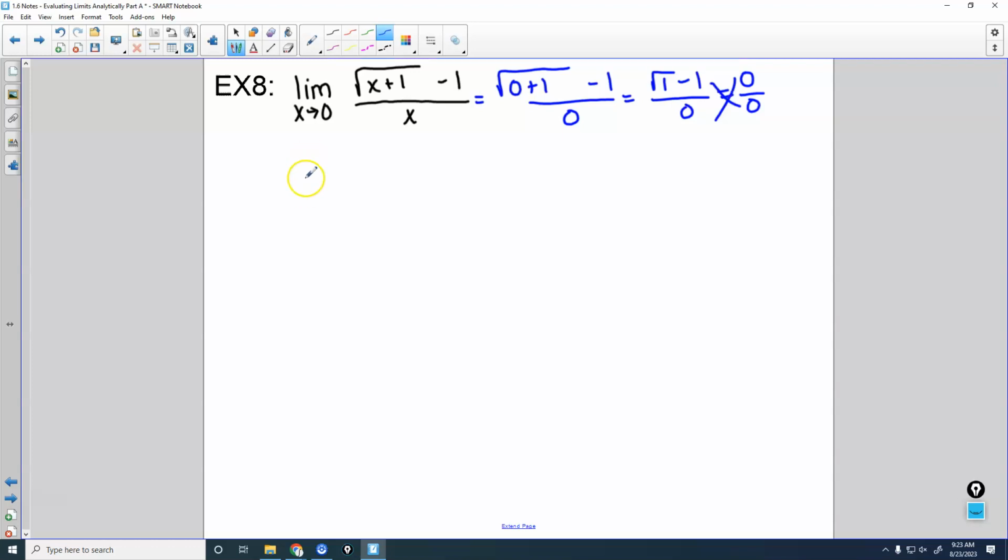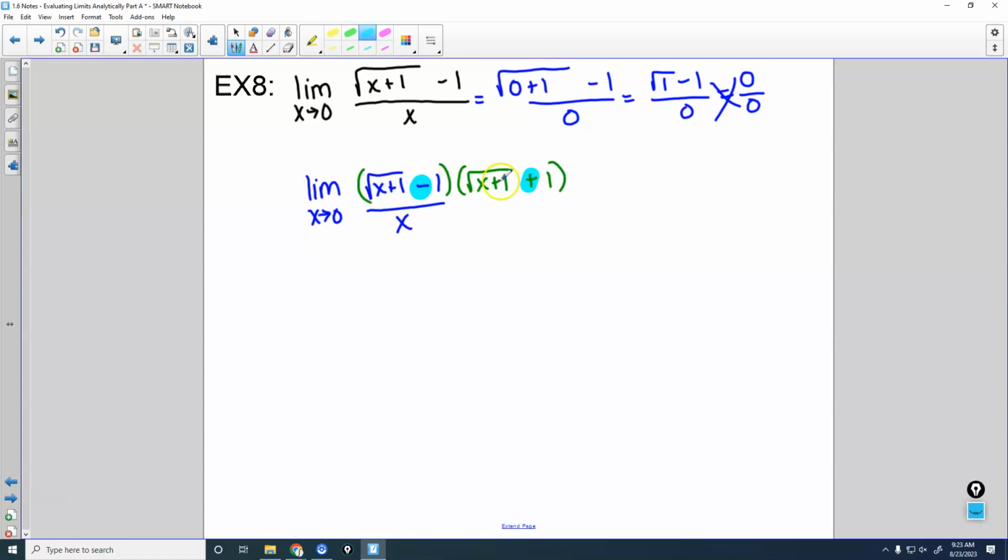So, we'll have the limit as x approaches 0 of square root of x plus 1 minus 1 over x. And we are going to multiply this by the conjugate. The conjugate for this is square root of x plus 1 plus 1. Notice the only sign I changed was the sign between my two terms.